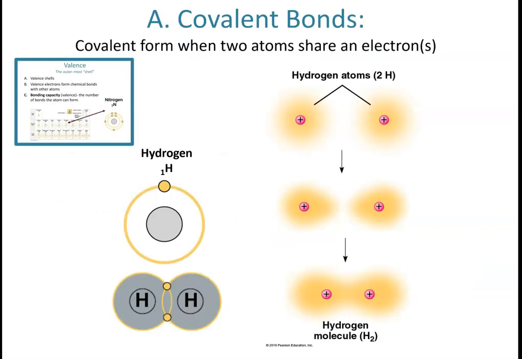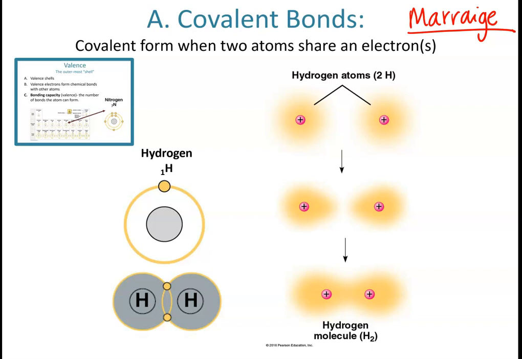So covalent bonds form when two atoms share electrons. Now, I have a silly way to remember what these mean. I like to think of covalent bonds as sort of like a marriage. They're in the realm of bonds, sort of permanent bonds, if you will.